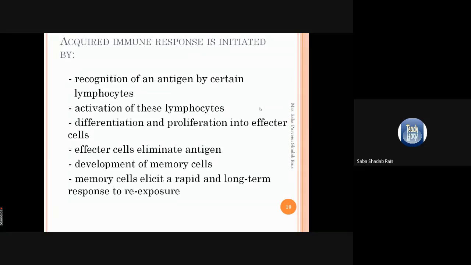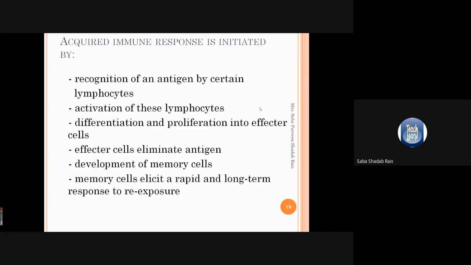And once the perfectly suited B cell is ready, it will proliferate. Proliferate means it will increase in number, it will multiply and turn into the effector cell. Effector cell means the cell which is going to act. Now these effector cells will eliminate the antigen completely.